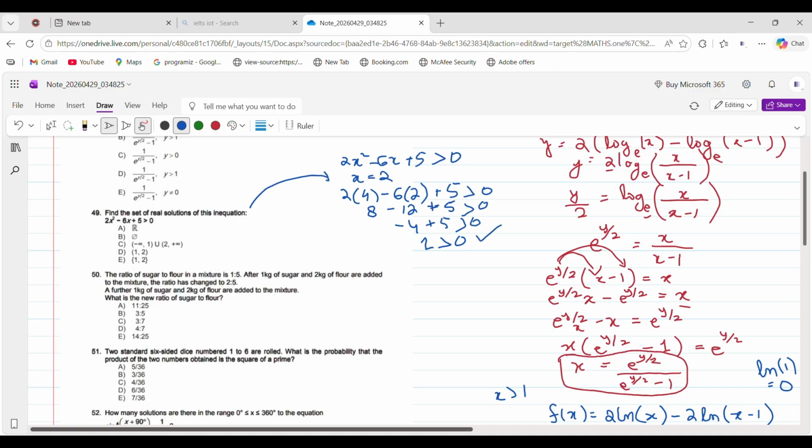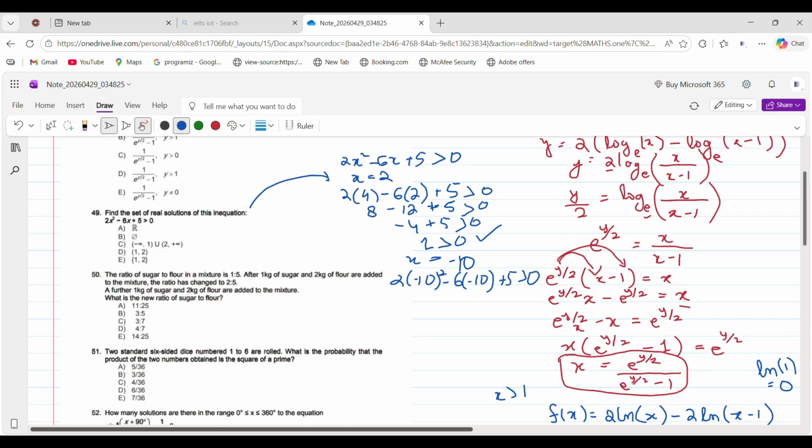Now let's give x a negative value, let's suppose minus 10. So 2 times minus 10 square, minus 6 times x, where x is minus 10, plus 5, and this entire expression must be greater than 0.